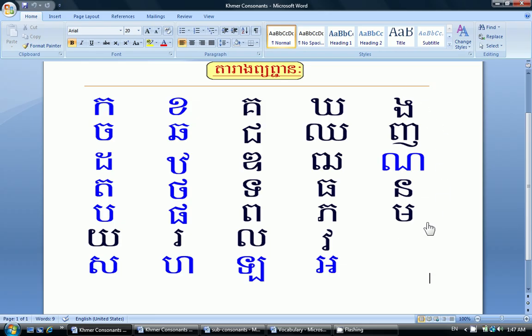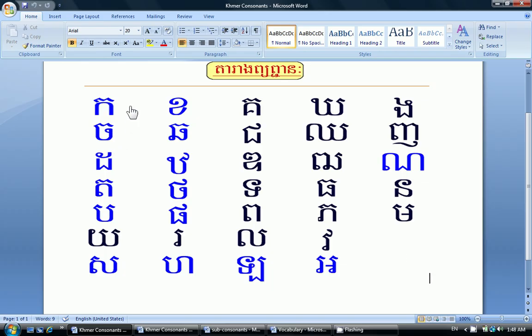The first 5 groups are arranged by the articulation of the sound from the back to the front of the mouth, and the 6th group, the last 2 rows here, is the miscellaneous group. In modern Cambodian, they are also divided into 2 series. The blue ones are the first series consonants, and the black ones are the second series consonants.